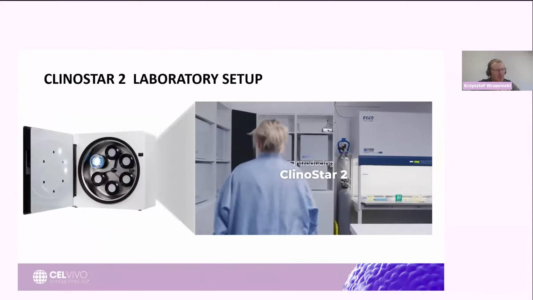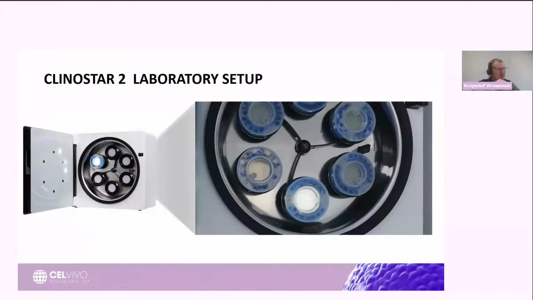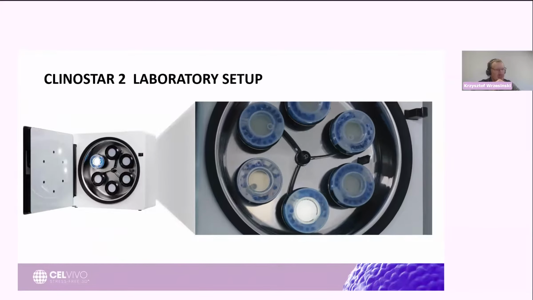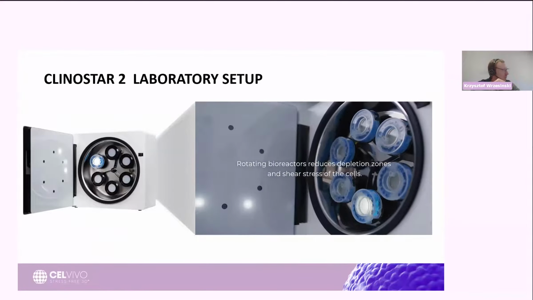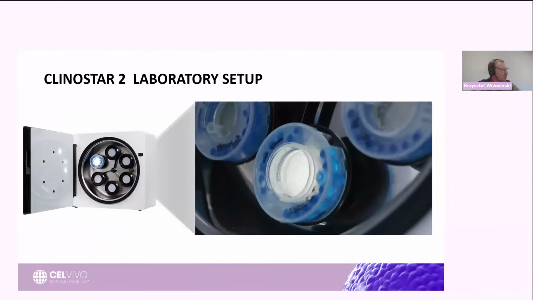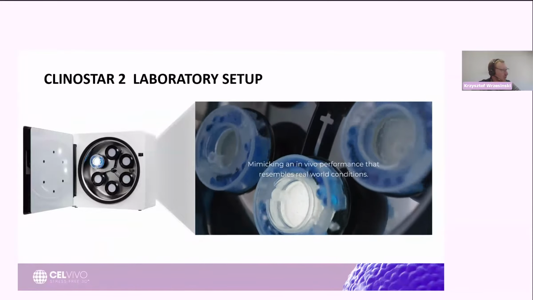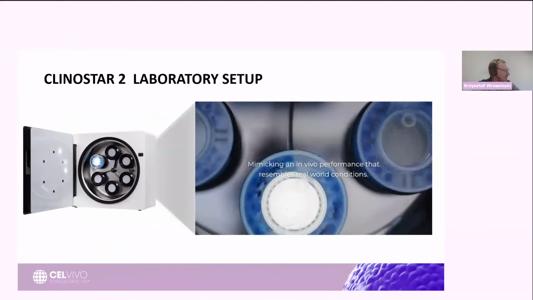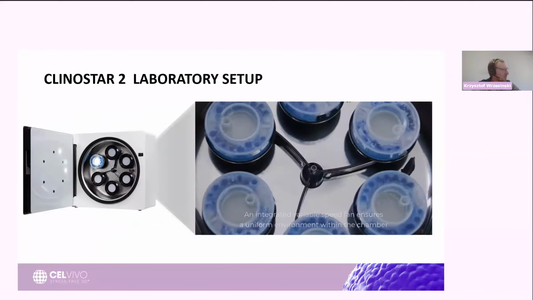As a principle, Clino reactors and ClinoStar work a bit differently than standard plate-based systems. So I am now showing you a video which shows the setup of ClinoStars in a real laboratory. Here you can easily see how nice and stable the constructs are behaving in the system.